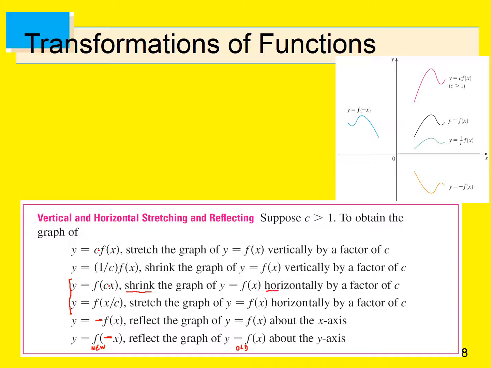And if x is being divided by c, or multiplied by 1 over c, same thing, you divide by 2, that's the same thing as multiplying by 1/2, then you have a stretch horizontally. So with the horizontal transformations, we have the opposite of what you would expect given the algebra. You see the multiplication, you're thinking something's getting bigger, but actually we're doing a horizontal shrink. You see the division, and you think something's getting smaller, but it's actually a horizontal stretch.